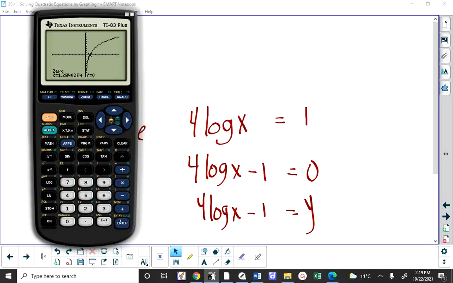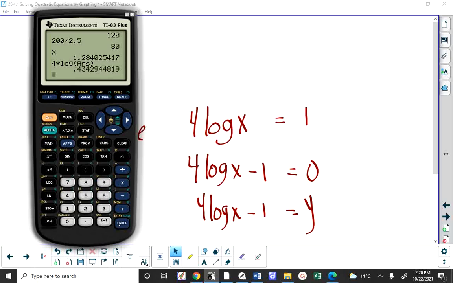But I will demonstrate to you that that is a solution. There it is. If that's a solution, then when I take 4 times log of that number, I have to get 1, right? What just happened there?